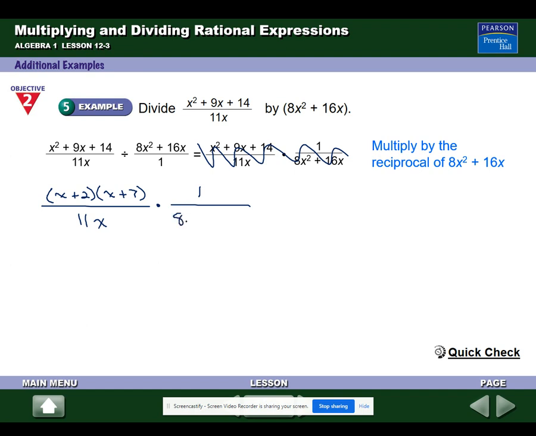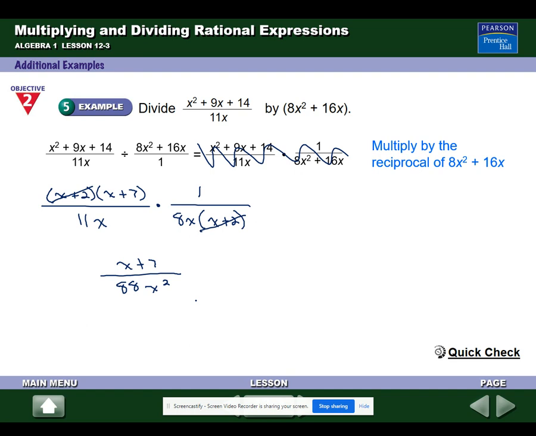You can take an 8x out of the new denominator. What was the numerator is now the denominator. You can take an 8x out, which would leave you with x plus 2. And the x plus 2's would cancel there to there. And I think that's all. So you're going to have x plus 7 as your numerator, as you multiply, over 88x squared.